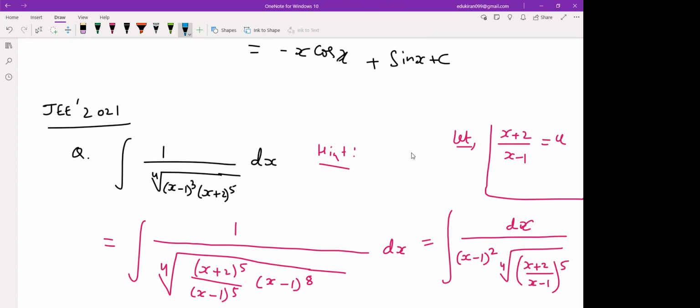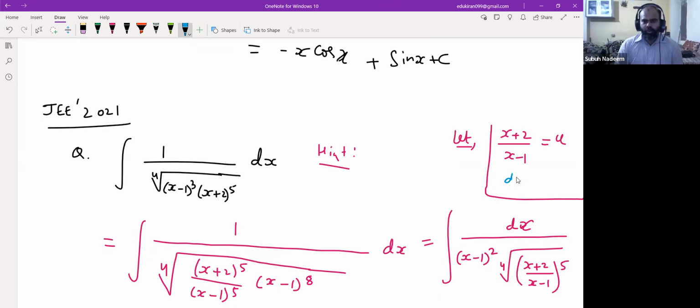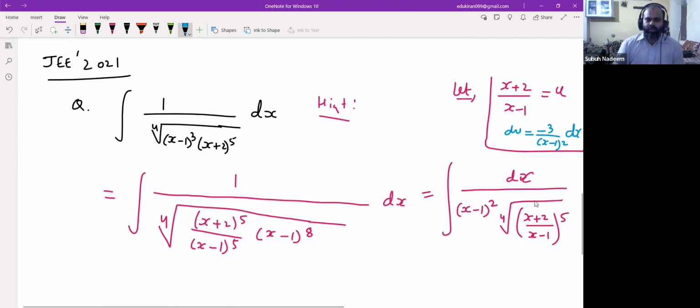So du is minus 3 by x minus 1 whole square dx, right? Yes. So let me check: x minus 1 into 1 minus x plus 2. Yeah, fine.